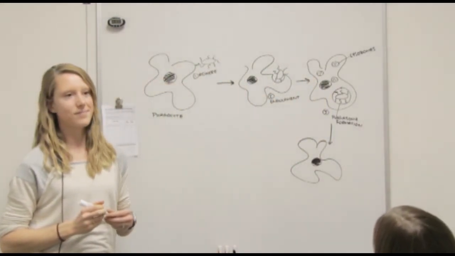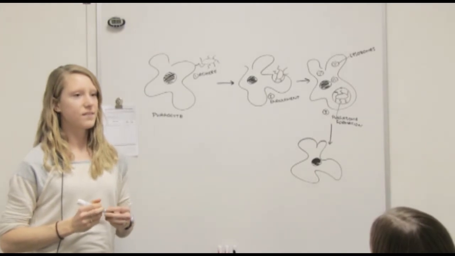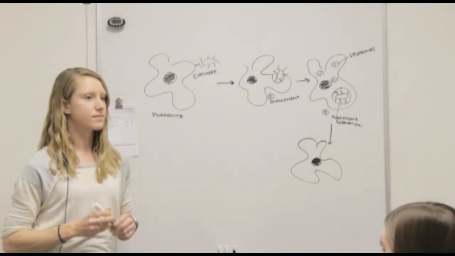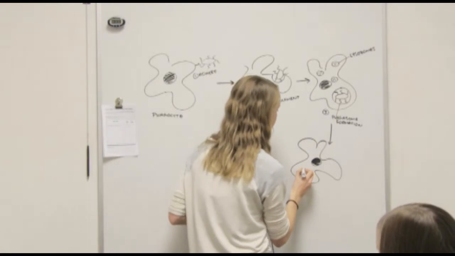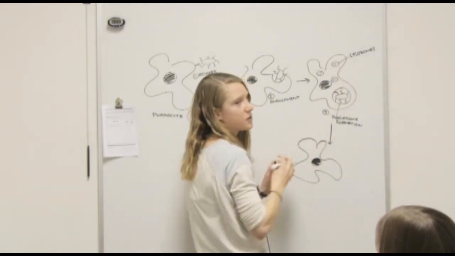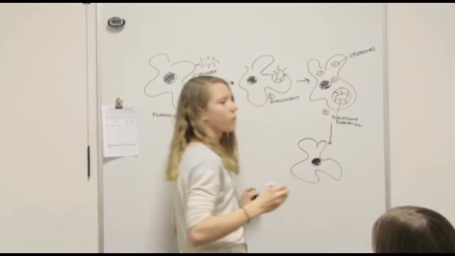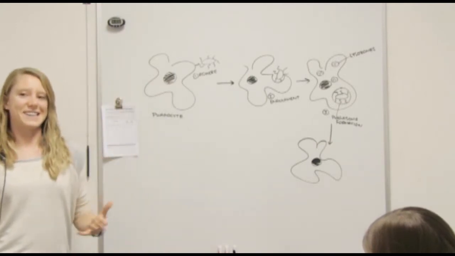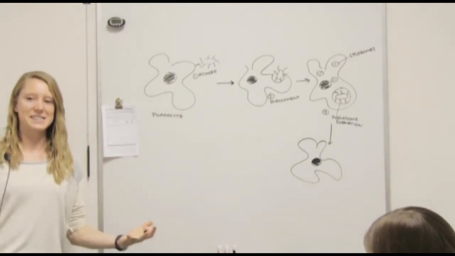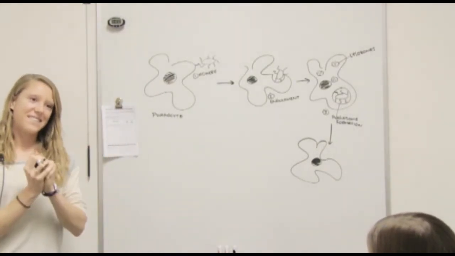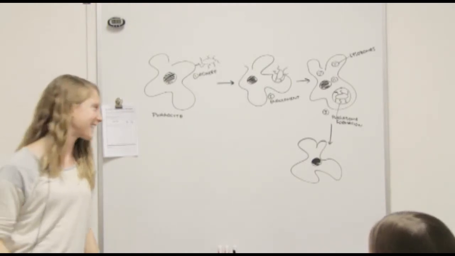If you had to guess what happens next: the lysosome opens up and the things inside attack the phagosome. So it's called phagosome-lysosome fusion. They fuse together to form, this isn't that hard, phagosome plus lysosome makes a phagolysosome, exactly. Good job.